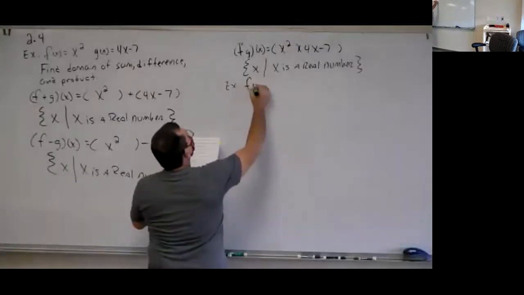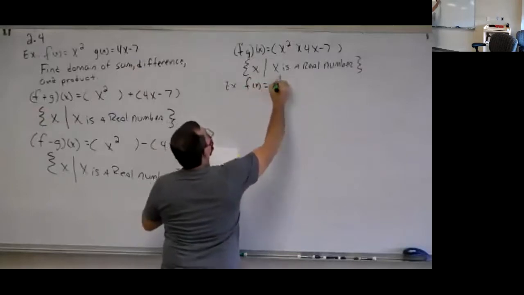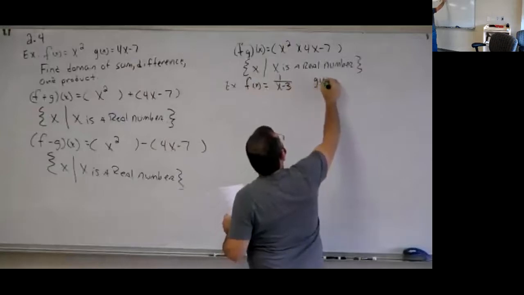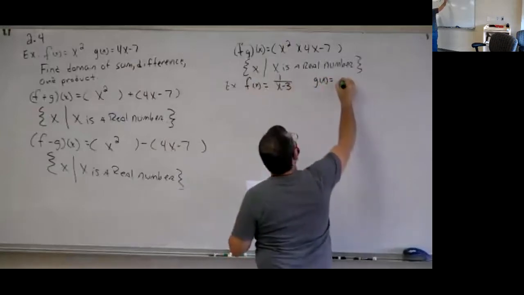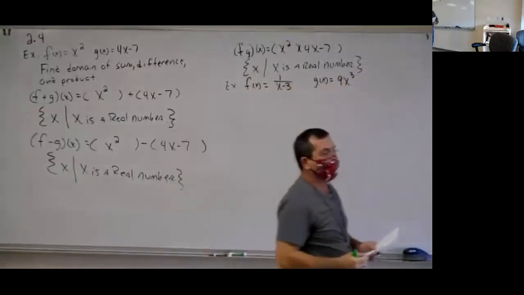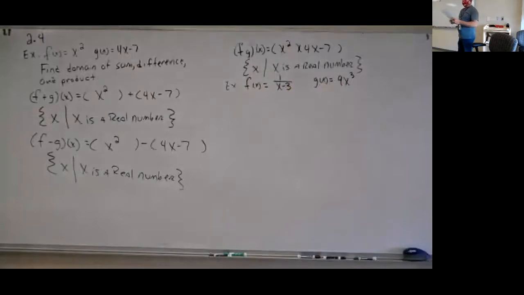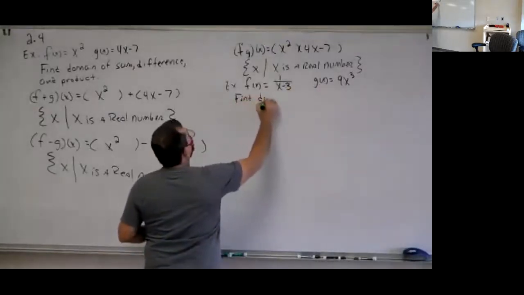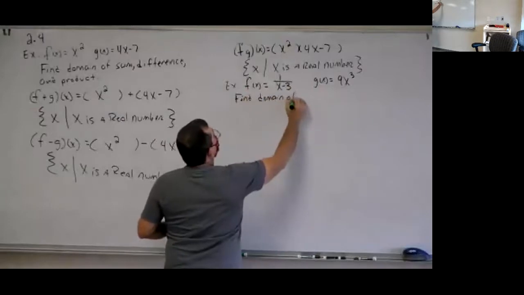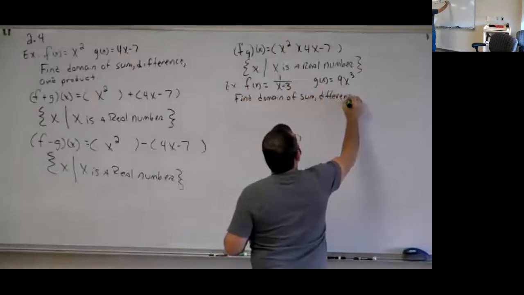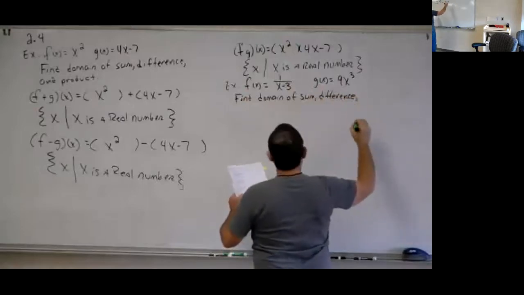All right, y'all. So f of x on this one is going to be 1 over x minus 3. G of x is going to equal 9x to the third. So once again, I'm going to find a domain of the sum, difference and product.